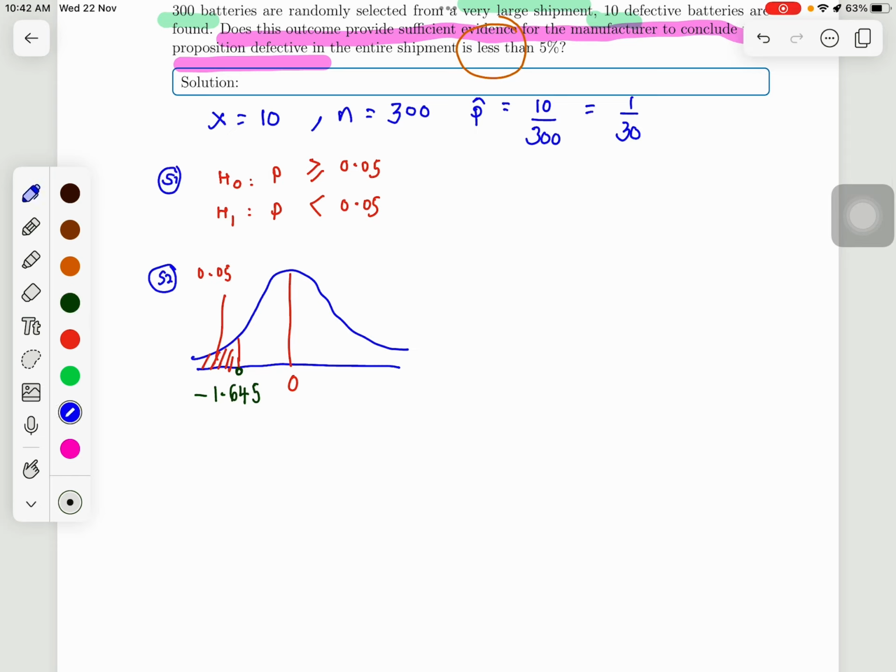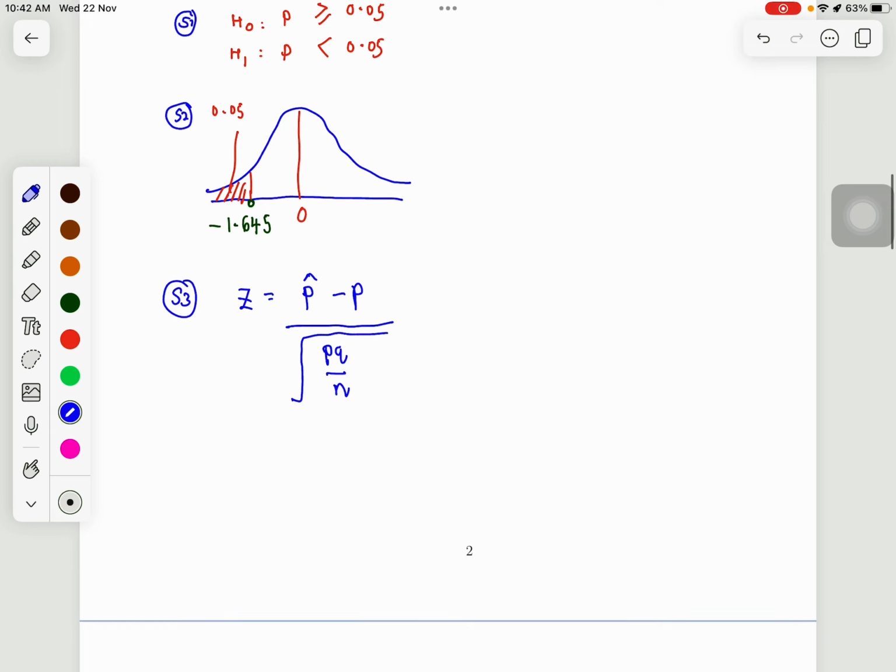So take a look at step 3. We need to calculate the test statistic value. So apply the formula p hat minus p over the square root of p q over n. You just substitute the values.